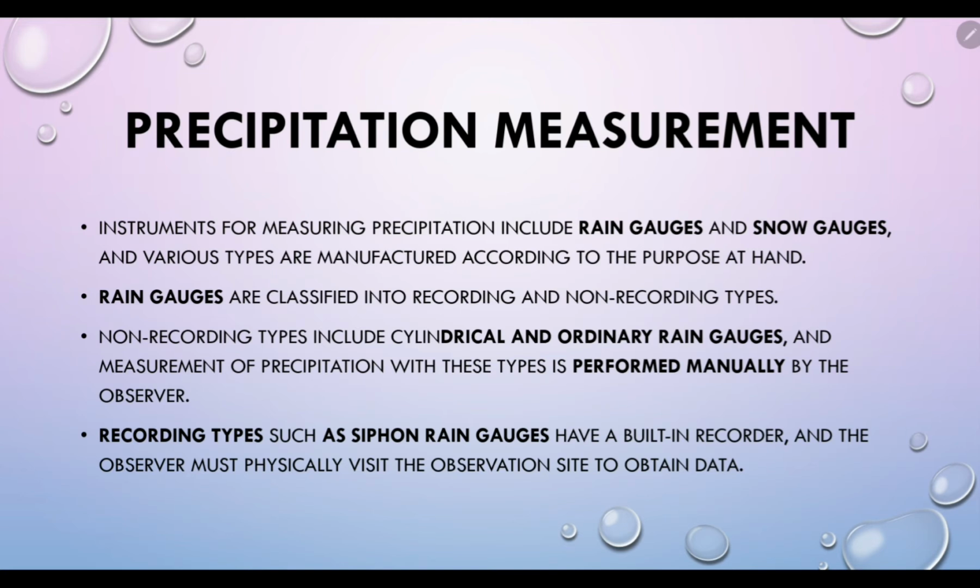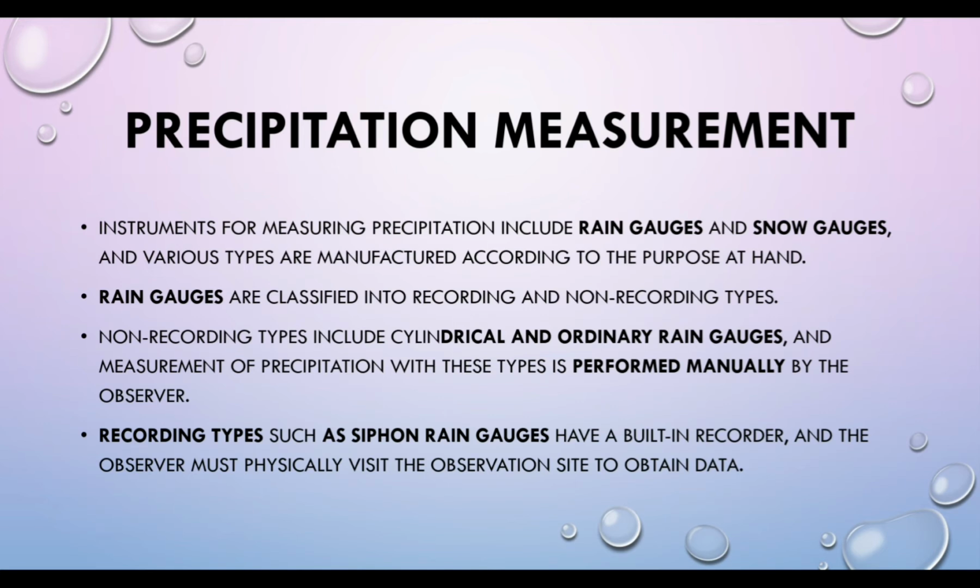Instruments for measuring precipitation include rain gauges and snow gauges, and various types are manufactured according to the purpose at hand. Rain gauges are classified into recording and non-recording types. Non-recording types include cylindrical and ordinary rain gauges, and measurement of precipitation with these types is performed manually by the observer.